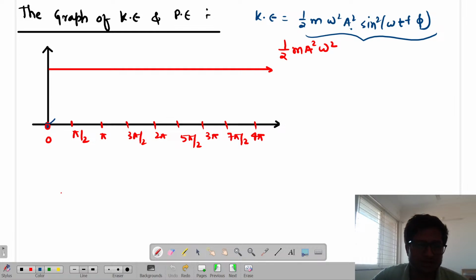I'll just take a Google pic, I will not waste my time. I'll just pick up a Google pic, the kinetic energy graph for SHM diagram, yes, this diagram.